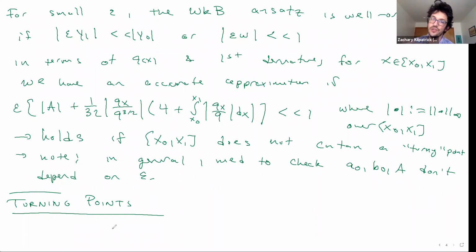As you might imagine, you have to choose your coefficients to match. Just like we do in other asymptotic methods, you would hope that you have enough free constants in your asymptotic approximation that you can have a nice approximation that is continuous across the whole domain that you're concerned with. Now, turning points can happen even if q of x is smooth.